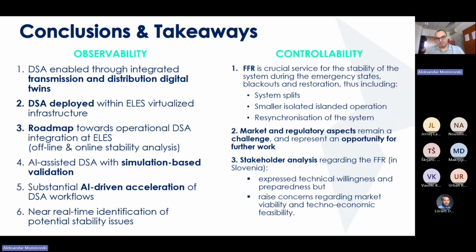Regarding controllability, the concept of FFR was developed, and we can emphasize that FFR is a crucial ancillary service for the stability of the system, especially during system splits, smaller isolated islanded operation, and resynchronization of the system.